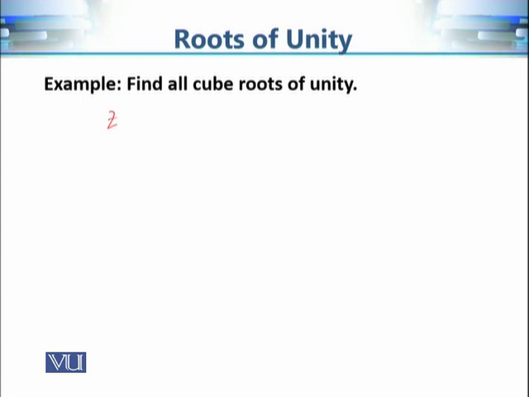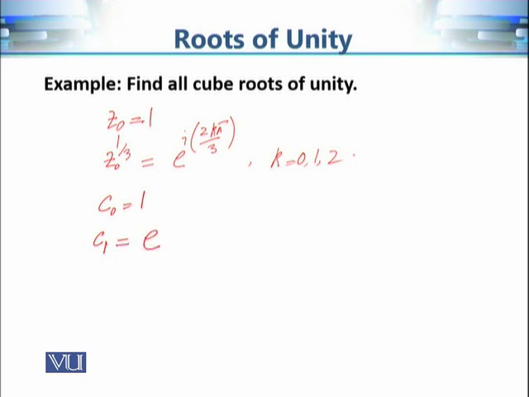Similarly, we can calculate the cube roots of unity. So in this case, of course, the complex number is the same. z0 is equal to 1. Following the steps, we can write down its exponential form, then write down this complex number in the most general form, and then raise the power to 1 by 3. We'll be able to get the following cube roots of unity.